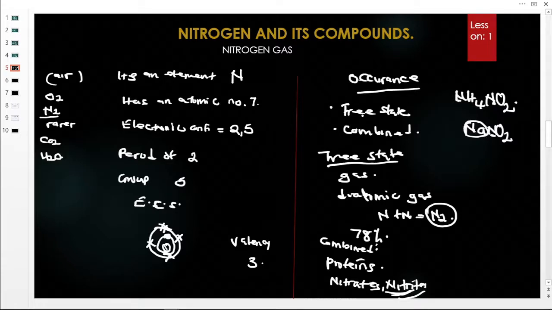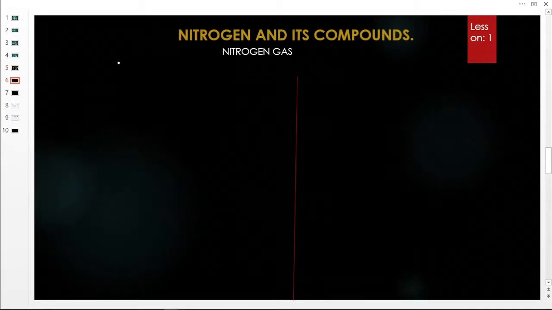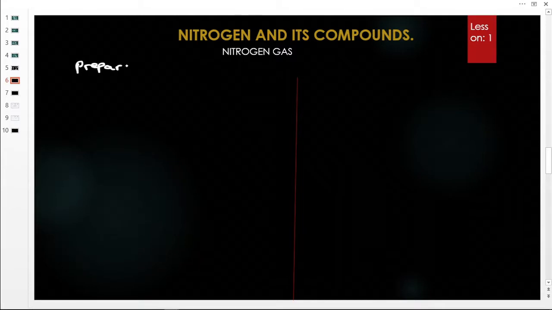So after we have understood the position, the occurrence, and a few things about nitrogen as a gas, let us move on and see how we can prepare nitrogen. Let us continue with the preparation of nitrogen gas.